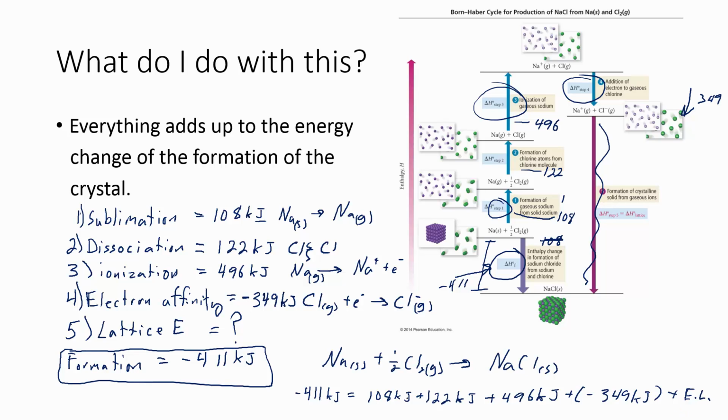So we solve all this, punch all this through the calculator, and we get that the lattice energy is negative 788 kilojoules, meaning it's giving off 788 kilojoules worth of energy, so that must be the energy within the bonds present there. Okay, excellent.